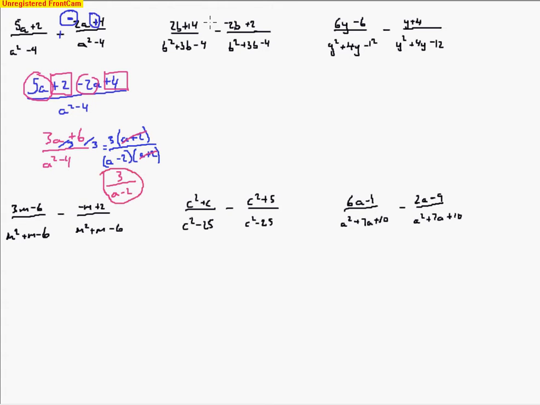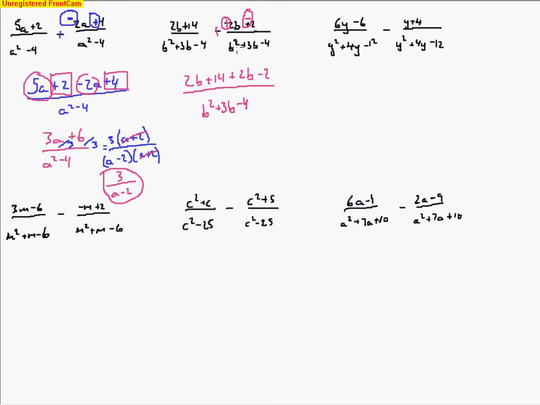Over here, same sort of thing. Your first step is to change that subtraction to addition. But when you do that, make sure you switch both of these signs. Notice again, both of those signs switched. Let's rewrite what we've got now: 2b plus 14 plus 2b minus 2, all over b squared plus 3b minus 4.